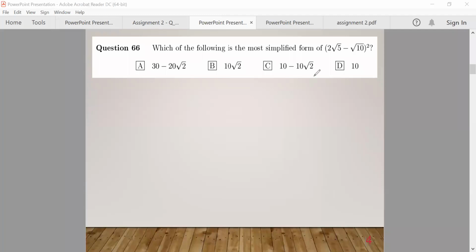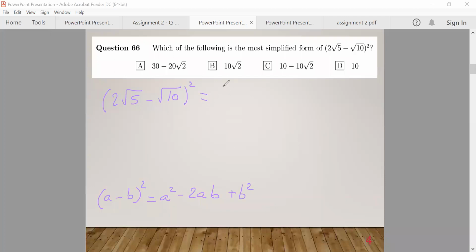Which of the following is the most simplified form of (2 square root 5 minus square root 10) all squared? Here we have to apply the formula for the square of a difference. I recall the formula: (a minus b) squared gives the first squared minus 2 times the first times the second plus the second squared.